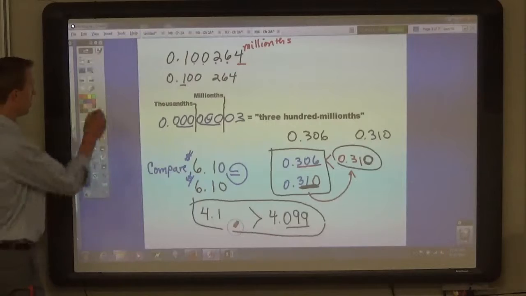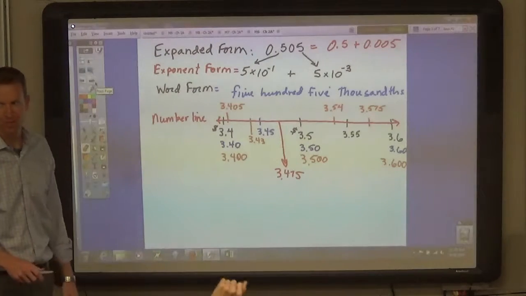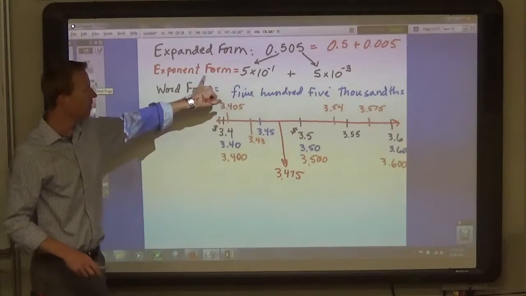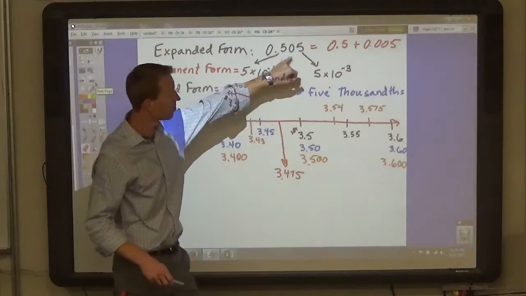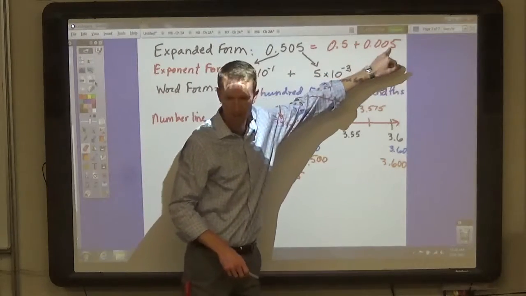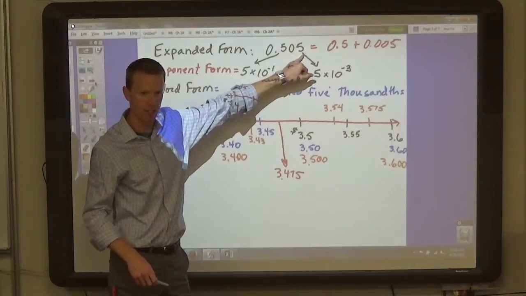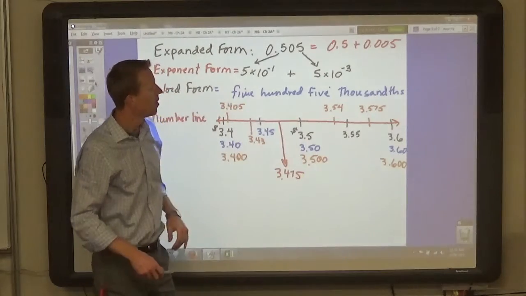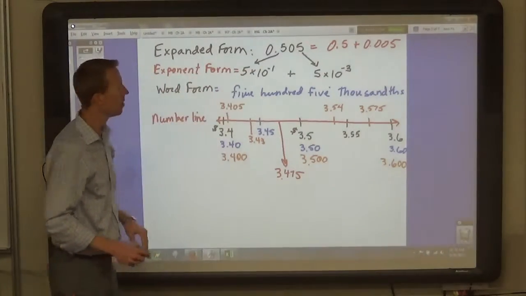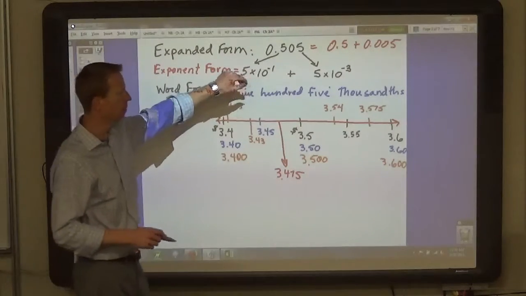Yes. Nice job. Let's talk about expanded form. Okay? In expanded form, these numbers are 5/10 and 5 thousandths, right? 505 thousandths. When we wrote these in exponent form before, you won't have to know exponent form for this yet.